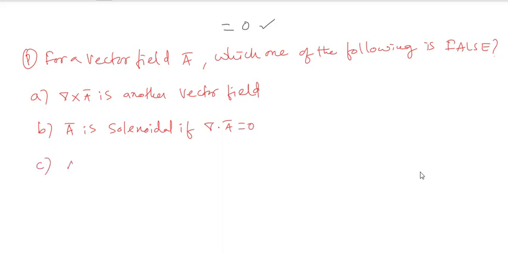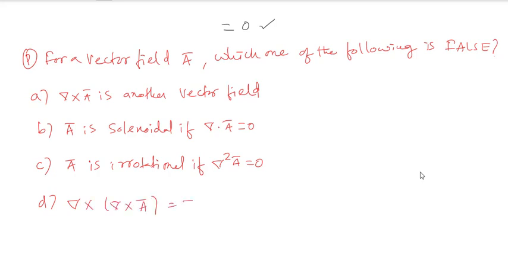C, A bar is irrotational if del square A bar is equal to 0. Then option D, del cross del cross A bar is equivalent to del of del dot A bar minus del square A bar.